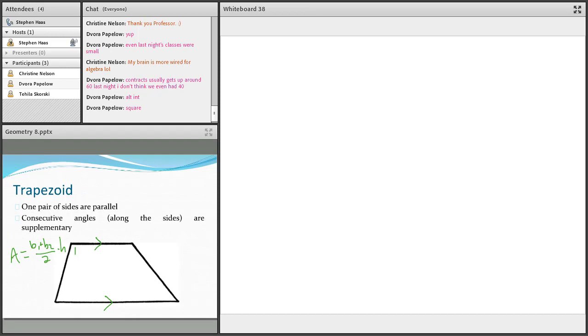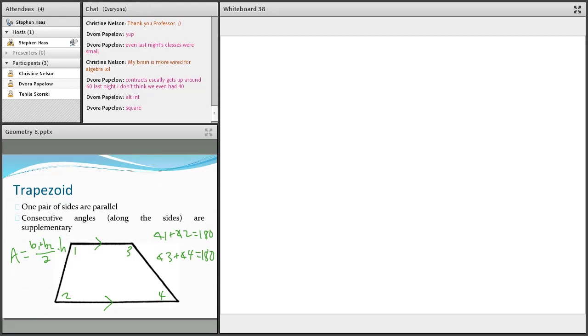So if this is angle 1, this is angle 2, this is angle 3, and this is angle 4, then angle 1 plus angle 2 equals 180, and angle 3 plus angle 4 equals 180. That is a trapezoid.